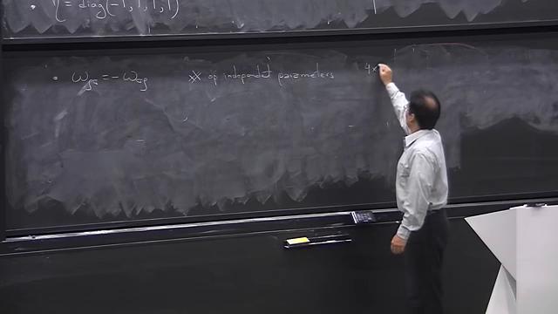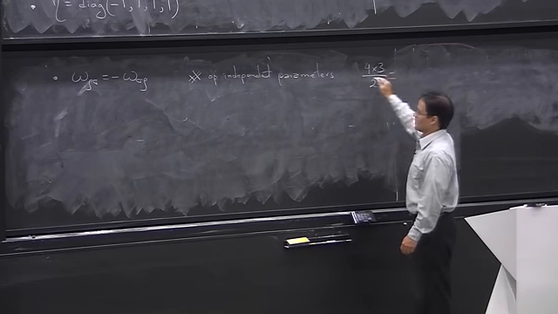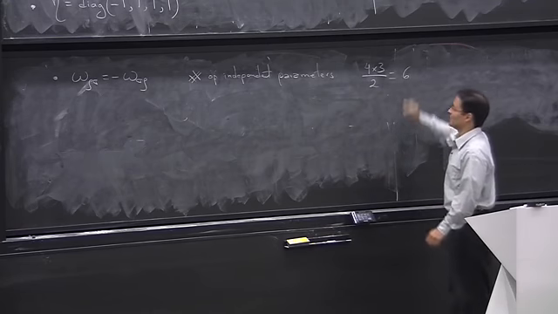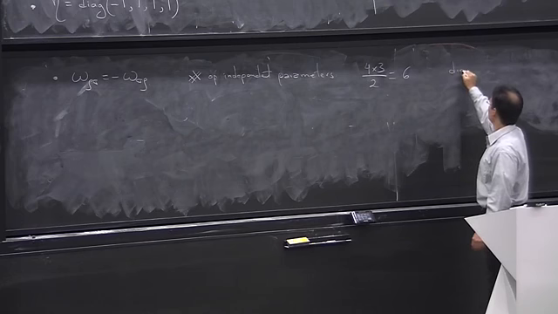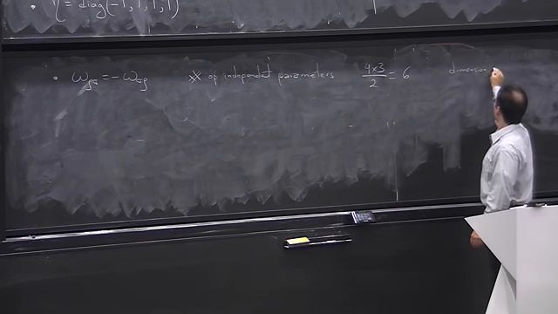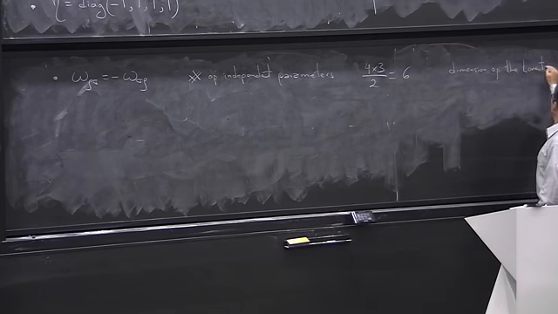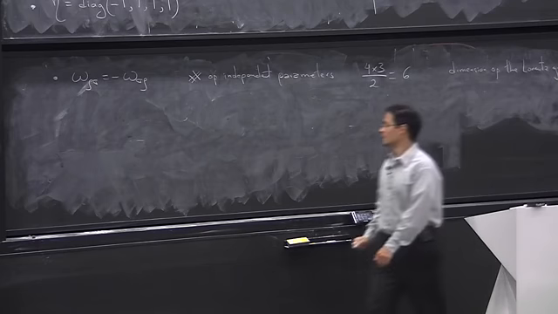So the number is 4 times 3 over 2, which is the number of independent components in a 4 by 4 antisymmetric matrix, which is 6. And this is called the dimension of the Lorentz group. Or the dimension of the algebra is 6. Okay?